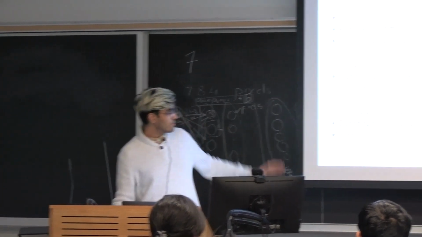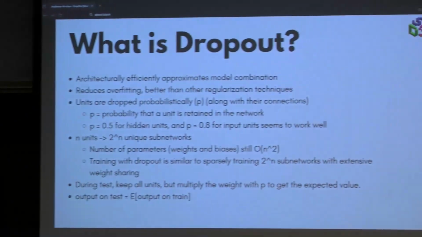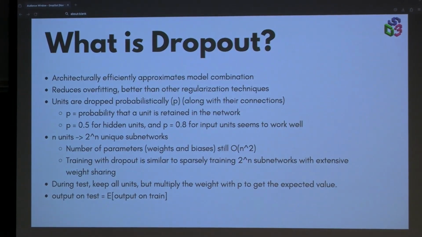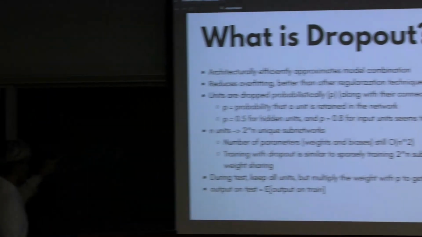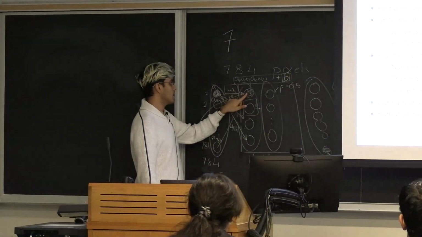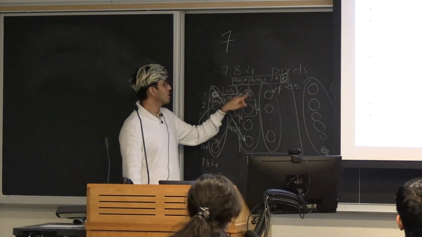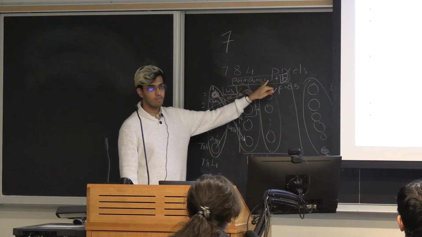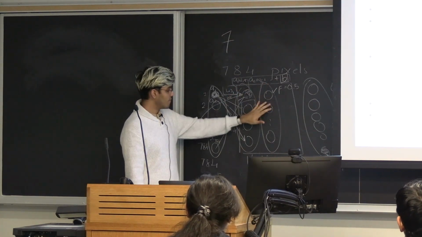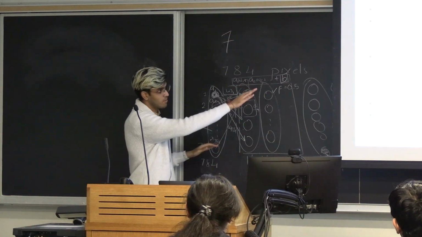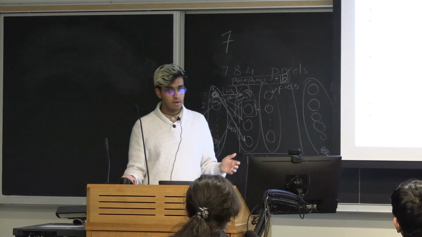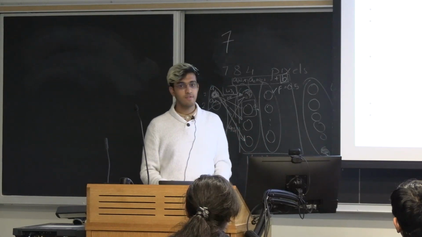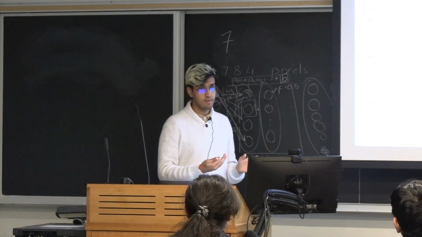Okay, so once you've done all this training, during testing you keep all the units, you don't randomly drop them. But here's the problem. Like I mentioned, the input to a particular neuron is a linear combination, right? Now, if on average my P was, let's say, 0.5, I'm dropping half the units, so I'm also dropping half the units from the previous layer specifically.